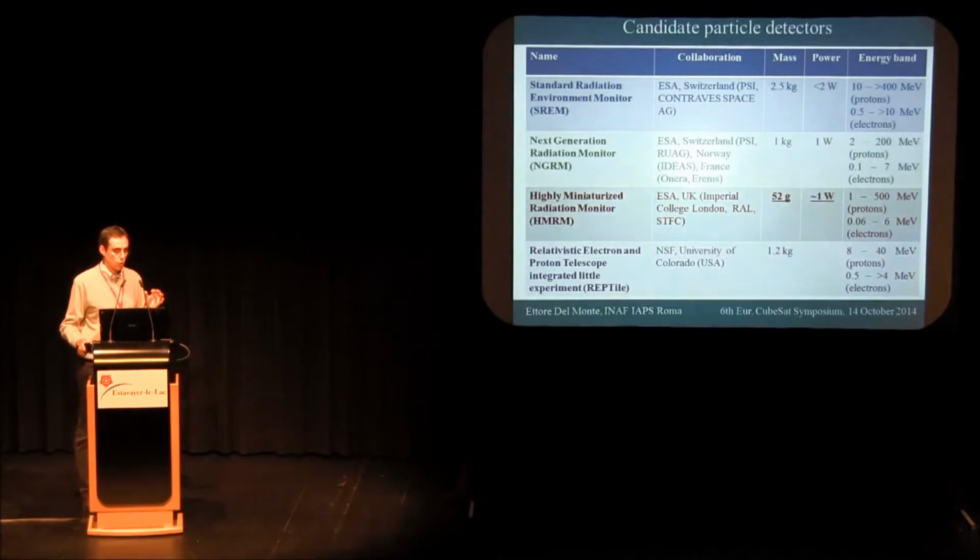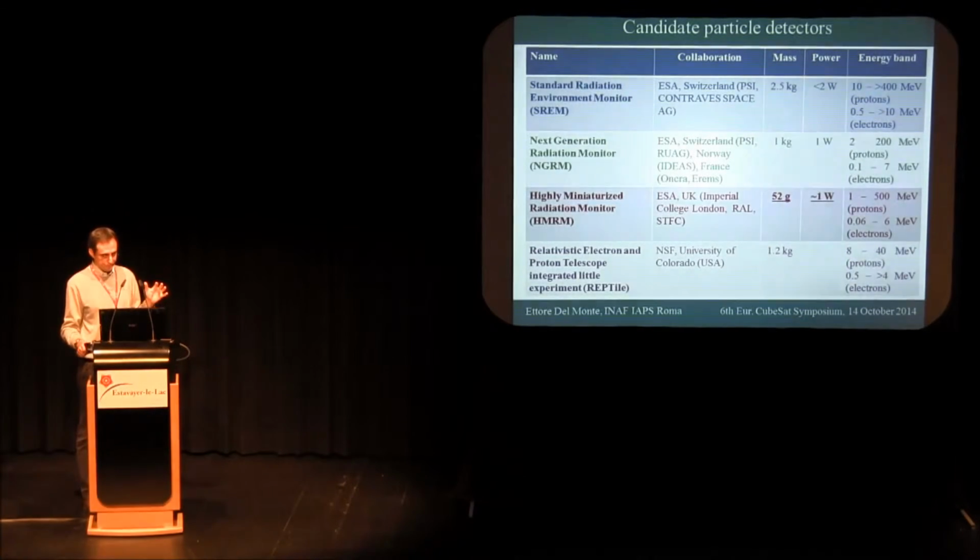Then there's the so-called Highly Miniaturized Radiation Monitor, a project by ESA and the UK. This instrument has a mass of 52 grams, about 1 watt of power consumption, and energy thresholds of the order of 1 MeV for protons and 0.06 MeV for electrons.